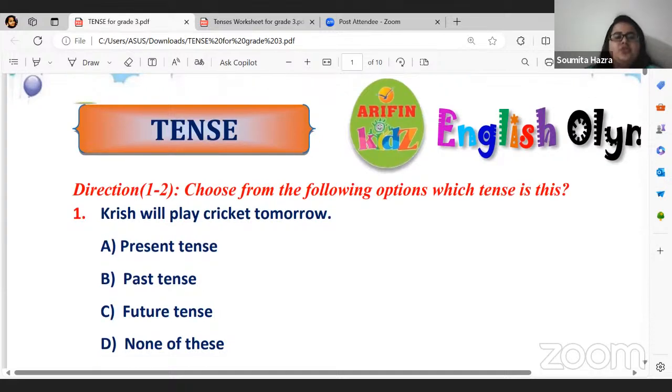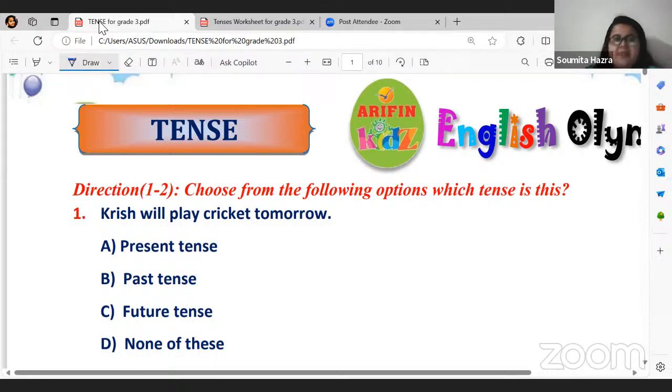Okay. So 1 to 2. Choose from the following options. Which tense is this? Krish will play cricket tomorrow. It is present tense, past tense, future tense, or none of these. What is this tense?